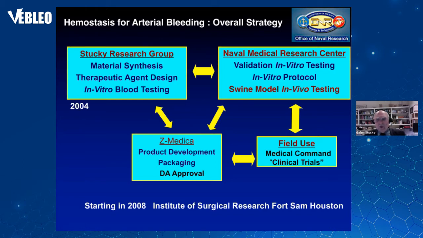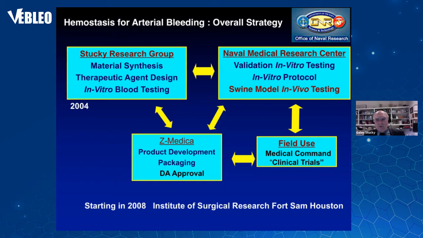We had very close contact with the Naval Medical Research Center. When we found something that looked promising, the samples would go to the Uniformed Services University's medical research center, to validate our in vitro testing and the protocol we used for that.